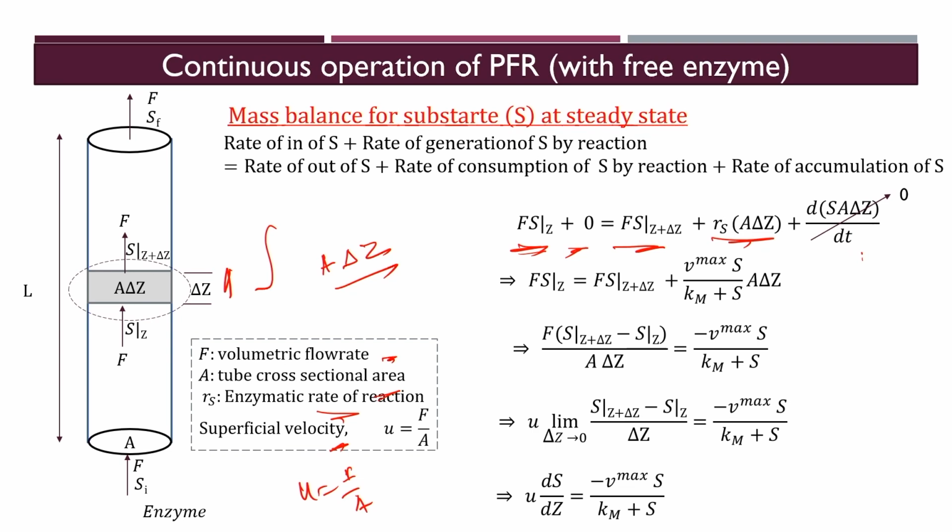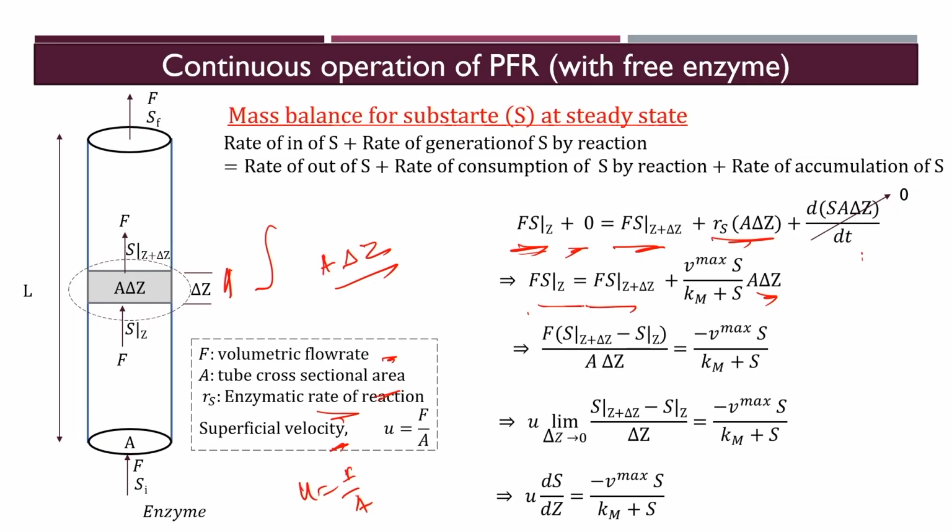So, if you just rearrange it, it becomes Fs at Z minus Fs at Z plus delta Z equals mu max, that is V max S upon Km plus S, into A into dz. So, we can quickly rearrange it.